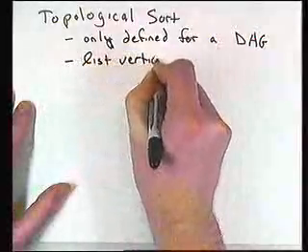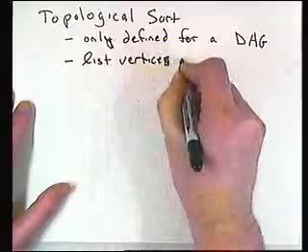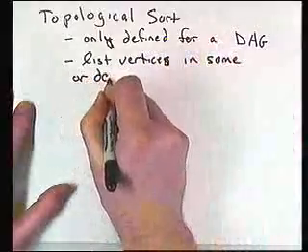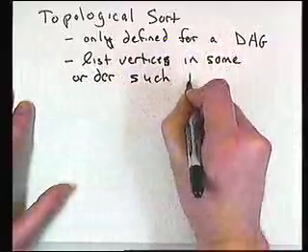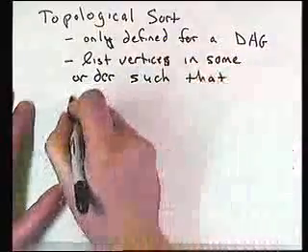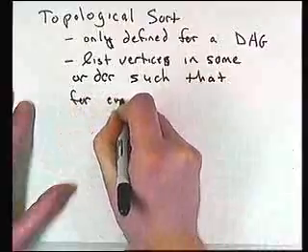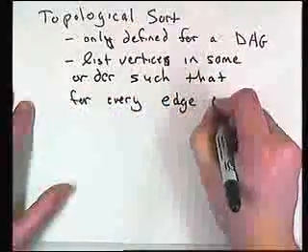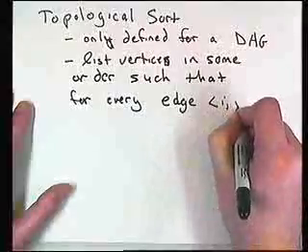And the goal here will be to list the vertices in some order such that for every directed edge, and so I just wrote it for every edge here, but it's for every directed edge because it's a directed graph.